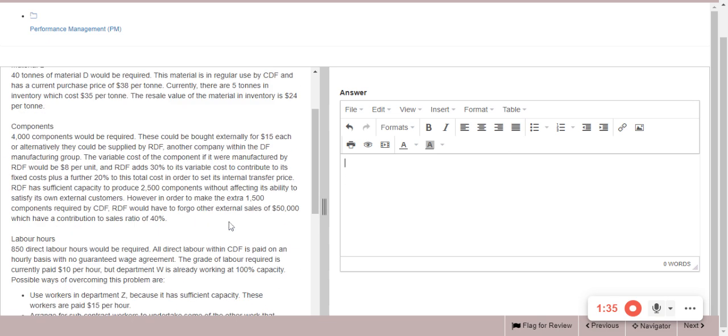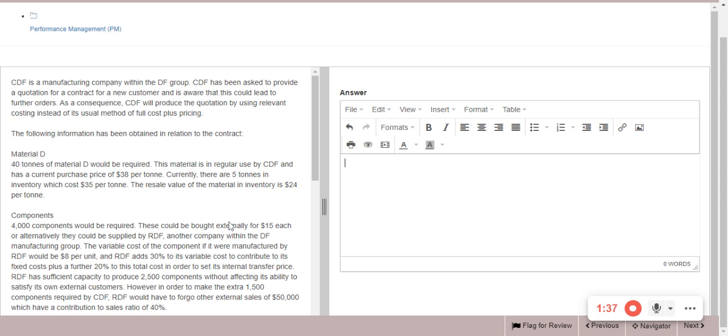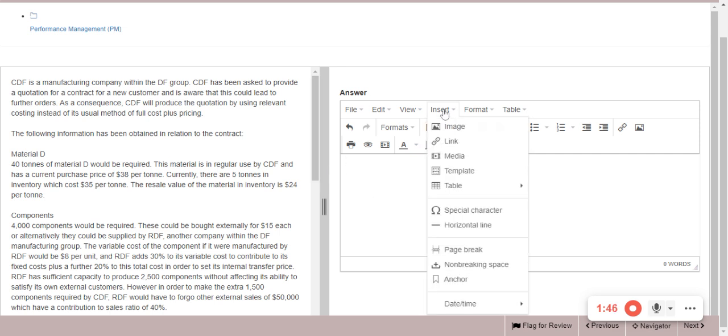When it comes to relevant costing questions like this, the best way to go about this is by doing a table. So I'll show you how it's done. We have to remember that there are 8 costs. So we need to give the headings, 8 different types of costs, as well as the total, and let's just keep one cell extra.